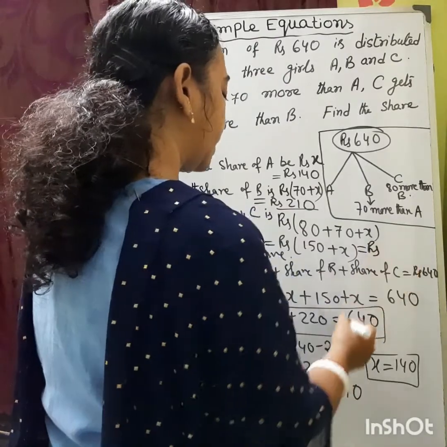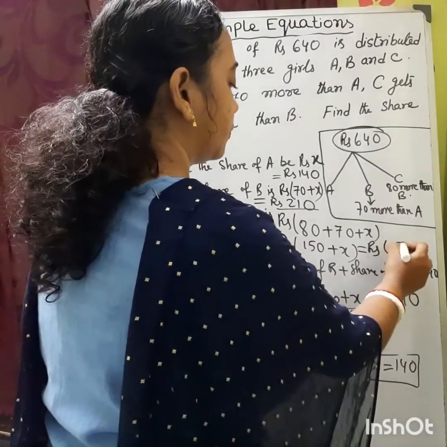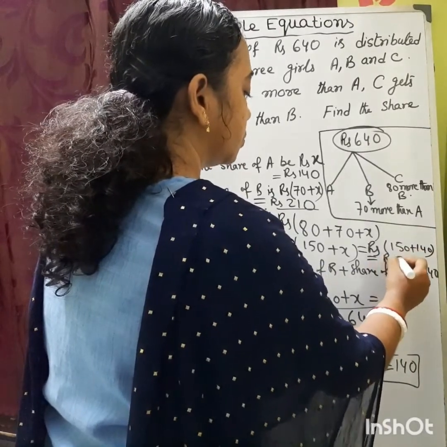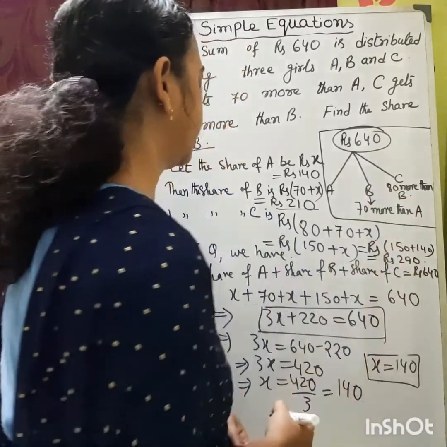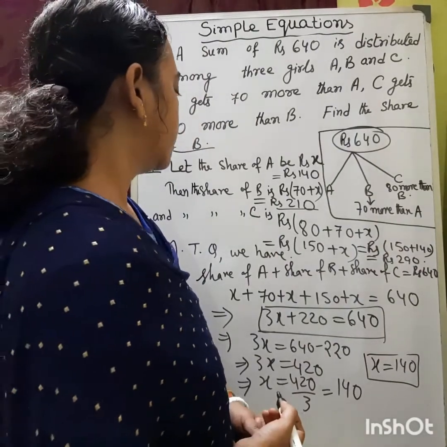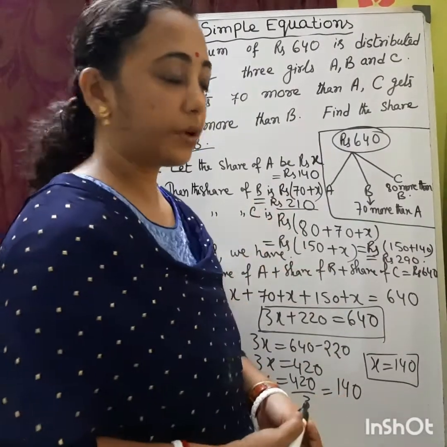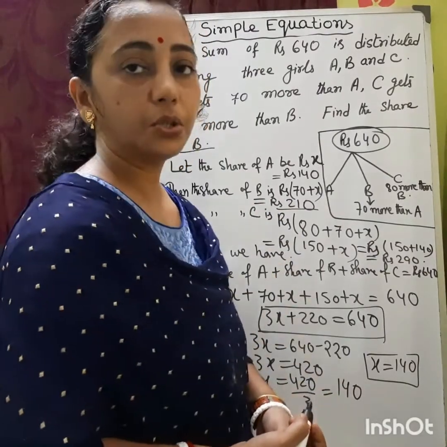So 150 plus 140. This will come rupees 290. So here we get the share of A as rupees 140, B as rupees 210 and C as rupees 290.